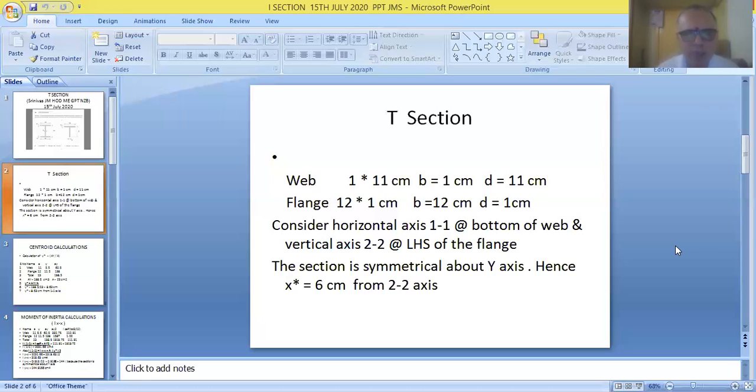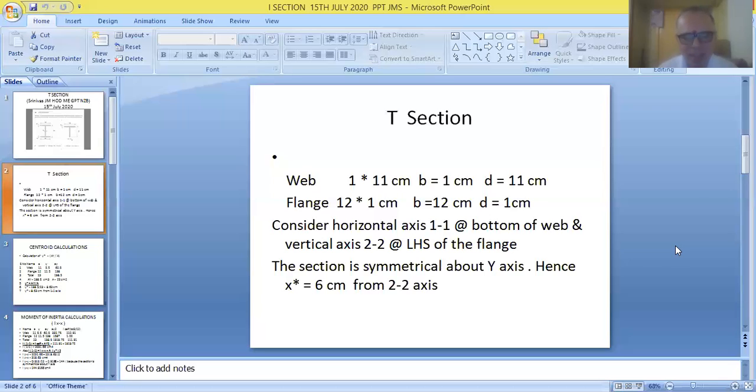Friends, I have already told you to consider a horizontal axis, 1 axis, at the bottom of the web, and the vertical axis, that is 2 axis, at the left hand side of the flange. The bottom of the web is taken as a basis for marking 1 axis.